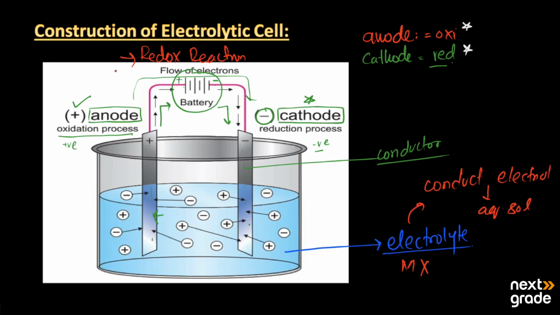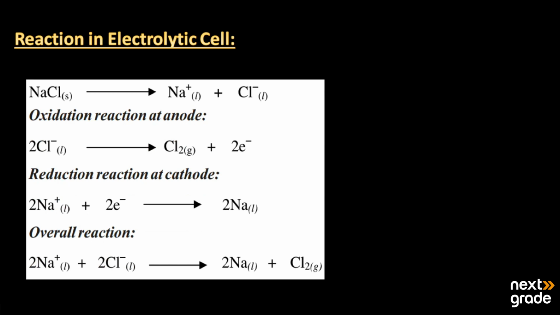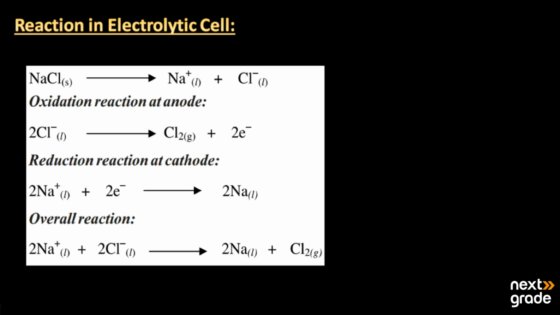So this is the simple construction of the electrolytic cell and how the chemical reaction takes place there. After this we have the chemical reaction that is happening in the electrolytic cell. If we take the substance sodium chloride, which is in the solid state, and dissolve it in water, it will dissociate into its ions, sodium positive and chlorine negative.